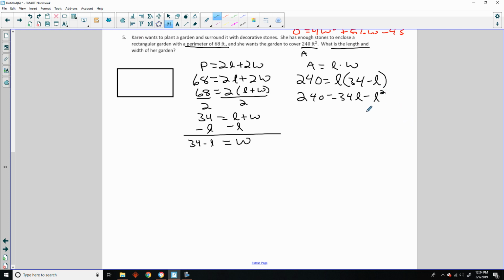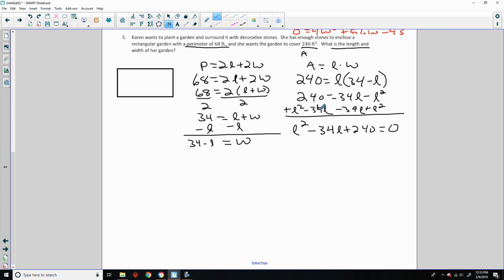Okay, so this is a quadratic. And I don't like a negative squared value, so I'm going to move this stuff over to this side. I'm going to add L squared and subtract 34L. Then I get L squared minus 34L plus 240 equals 0.